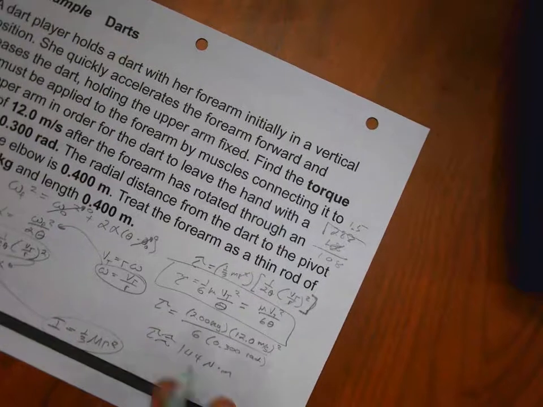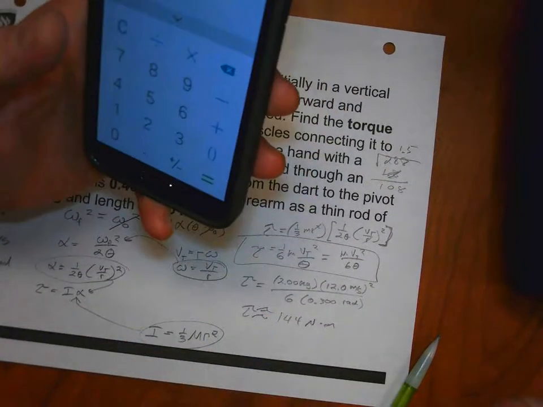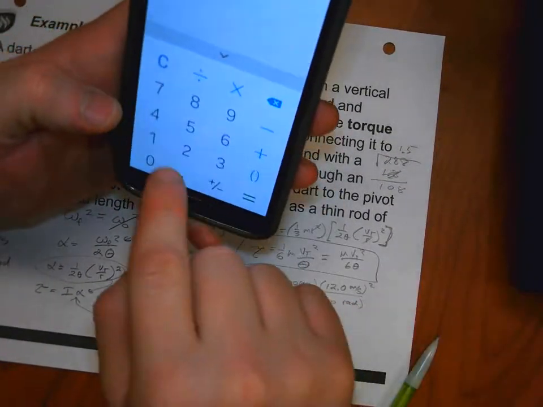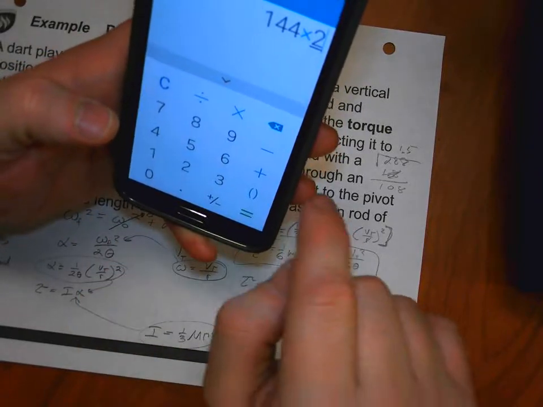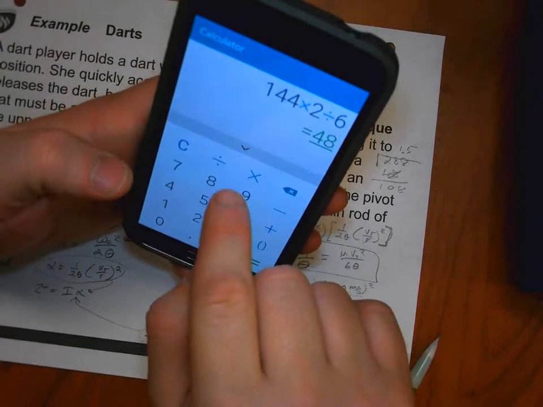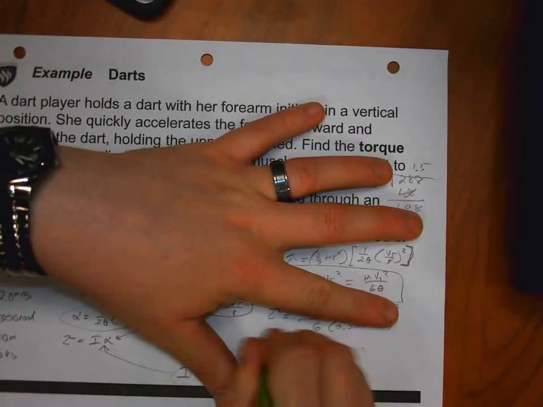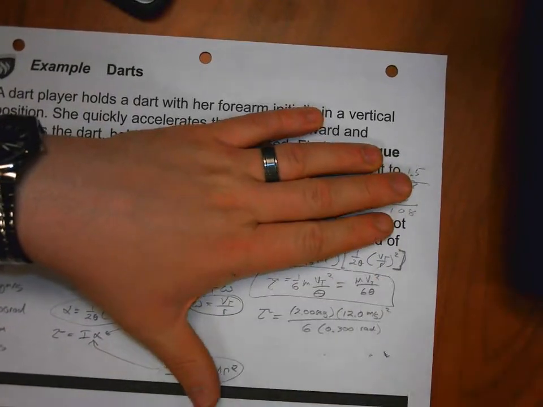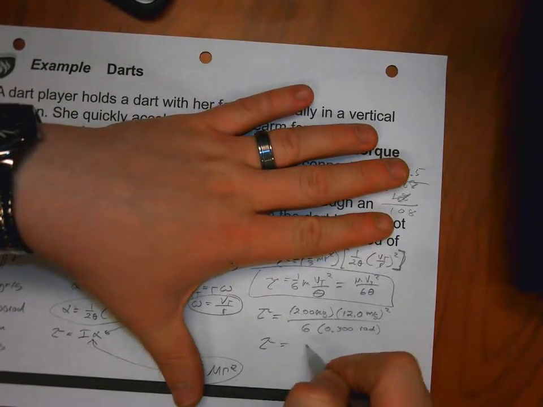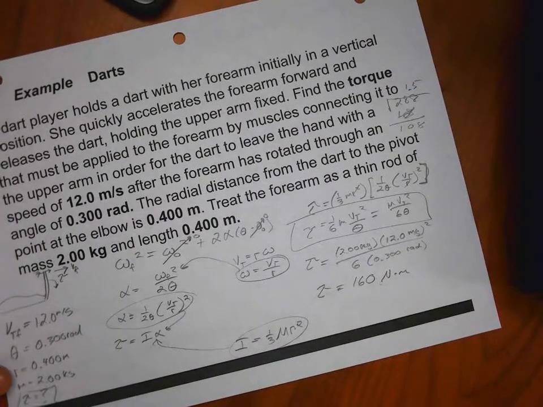Oh wait, I have a calculator here. So let's see. 12 squared is 144 times 2 divided by 6 divided by 0.3. It's around 160 Newton meters.